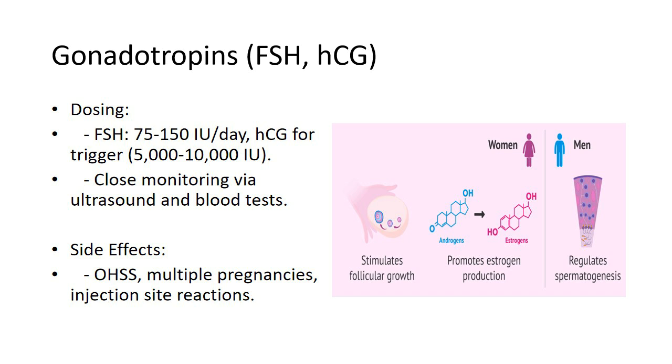Given as daily injections starting on cycle day 2 or 3. Dose adjusted based on follicular response monitored via ultrasound. Success rates: ovulation rate greater than 90%, pregnancy rate per cycle approximately 20 to 30%.